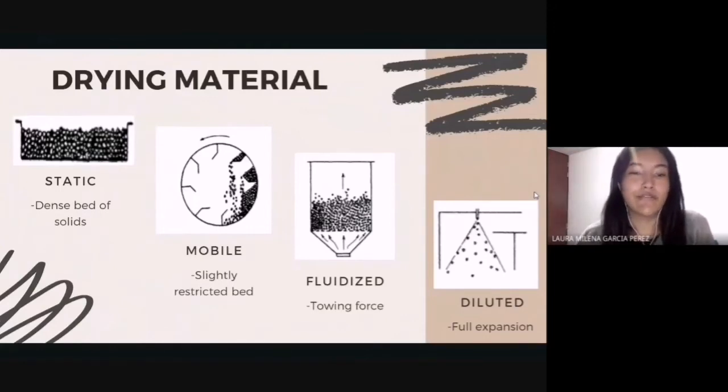When the material is fluidized, the solid particles are held by means of drag force caused by the gas phase that passes through the interstices of the particles at a given critical speed. And when the material is dilute, it is in a condition of total expansion in which the solid particles are so separated from each other that they have no influence on each other.